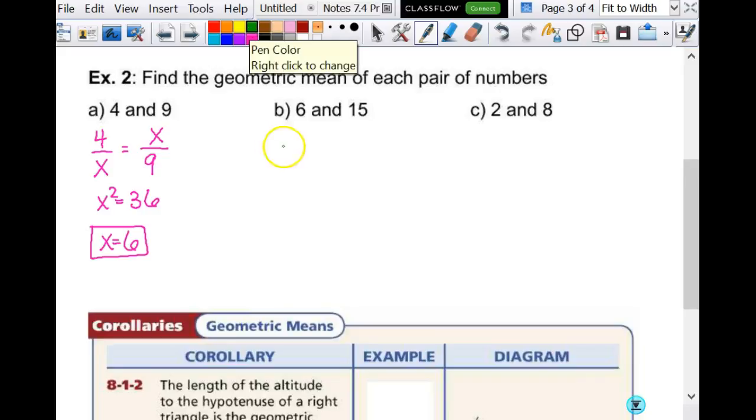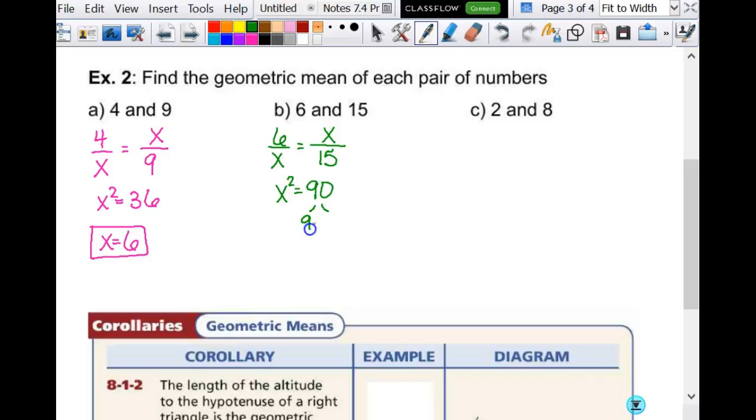Okay, so I'm going to assume that you paused it. Here's my proportion. So I get X and X. That makes this 6 and 15. So when I cross multiply, I'm going to get X squared equals 90. That is not a perfect square, but this does become 9 and 10. 9 is a perfect square. 10 is 2 and 5, and I can't do anything with that.